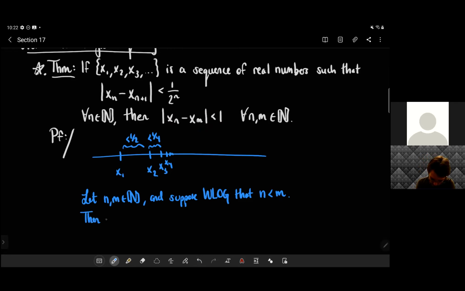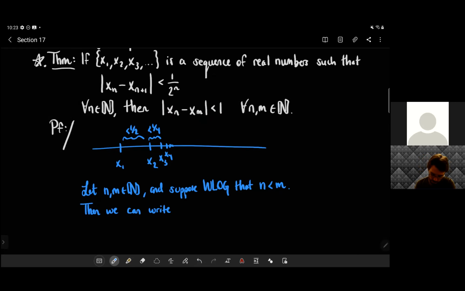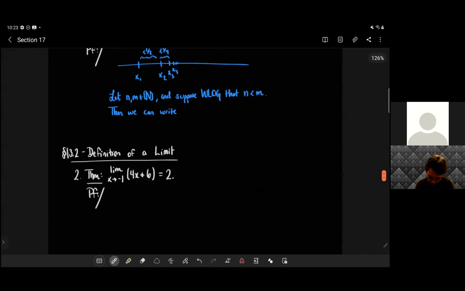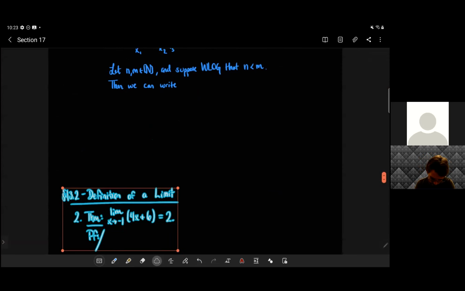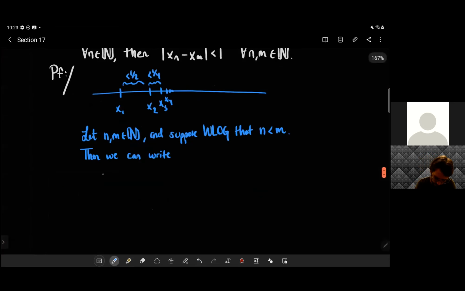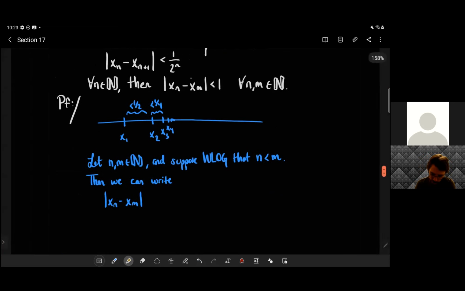then we can write Xn minus xm. We want to prove this quantity is less than 1. So I don't know, what could I do? I could apply the triangle inequality. And here's a cool way, maybe you haven't seen it applied.